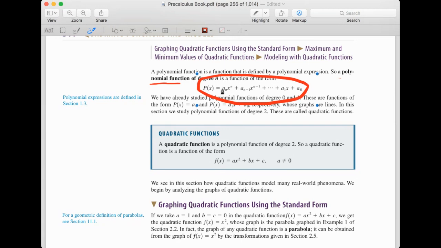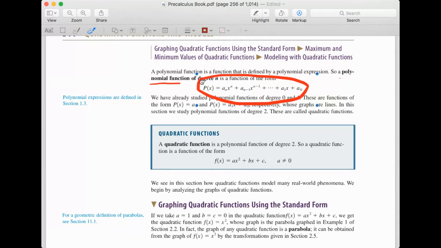So let's say a with footnote n is a number. x raised to the n, this n is some number. a with a footnote n minus 1 is a number, right? So on and so forth. Everything else is a number except x. So x is the variable. Okay, so that means x changes.